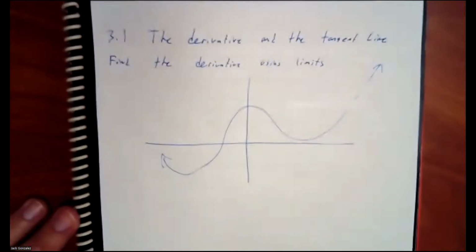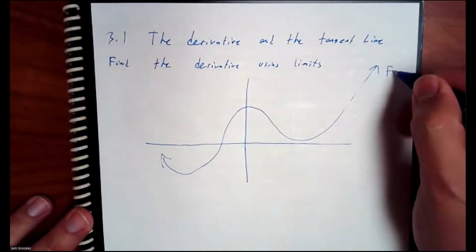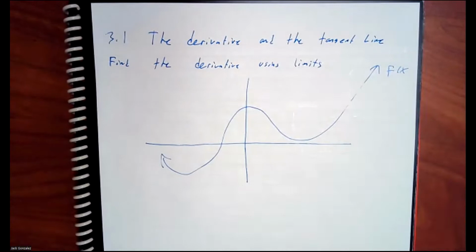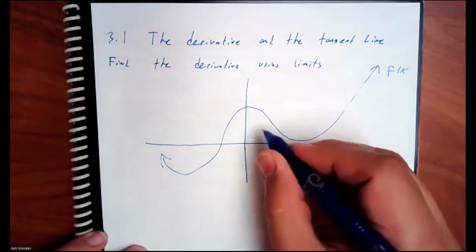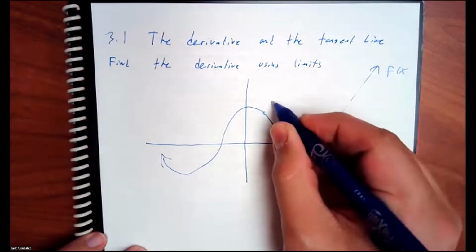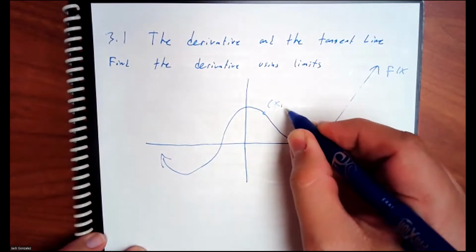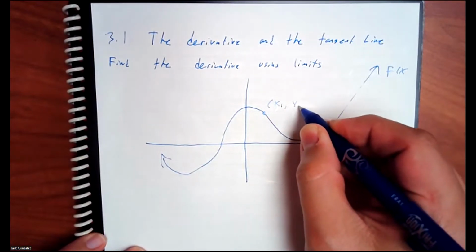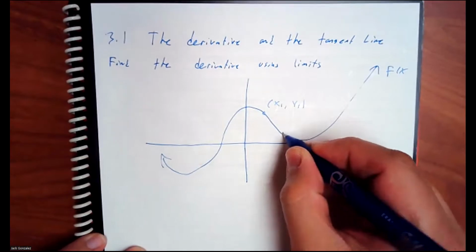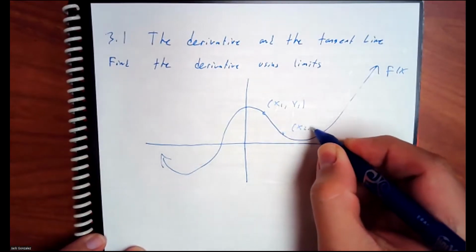Let's say we have some function f, and I have a point here, x1, y1, and another point there, x2, y2.